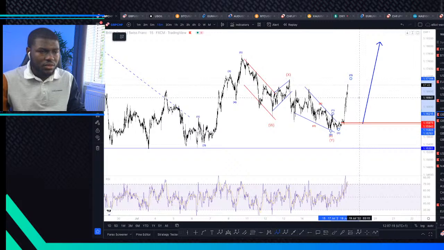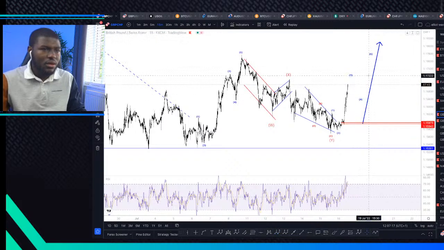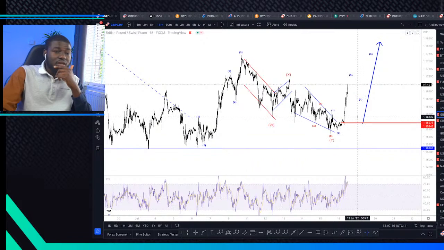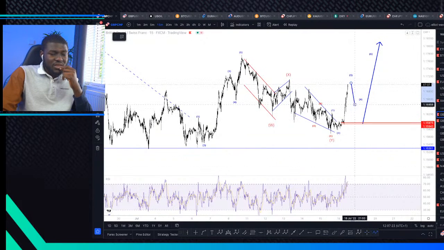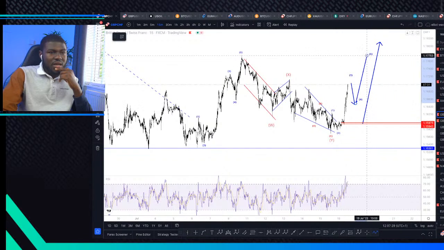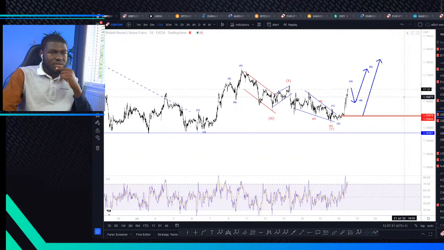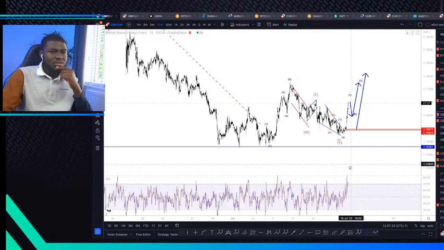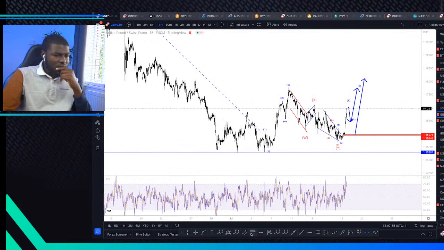There should be a bit of retracement to the downside with 4 and with 5. So on GBPCHF, I'm anticipating that there's going to be a bit of rejection to the downside, a pullback. Then we are going to see an opportunity to join the buy trade. It's going to go very high, and at least it's going to give us a massive move.